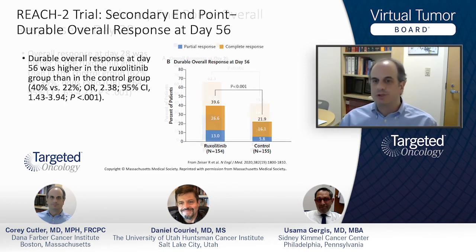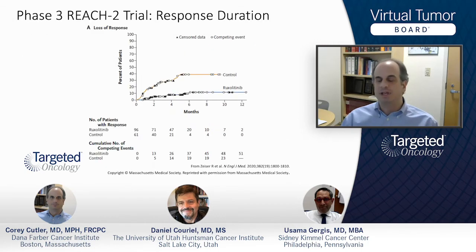The secondary endpoints of this trial looked at the durability of response at day 56. Again, here we see an increase in the durability, nearly a doubling, in fact, of the durability from 21.9% to 39.6%, comparing the control and the Ruxolitinib arms.